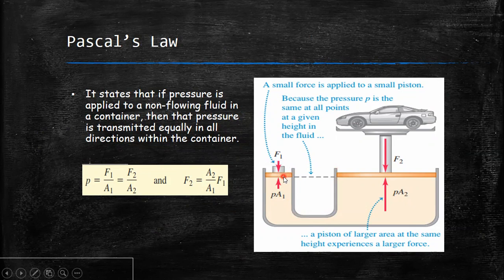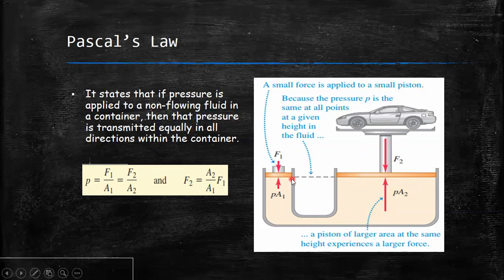So initially, we have the fluid at a stable position, which is at the same level, and it is completely sealed with a cap. So obviously, we have different diameters. So if we apply force or pressure at the smaller cap, all throughout the fluid we'll also experience the addition of pressure.